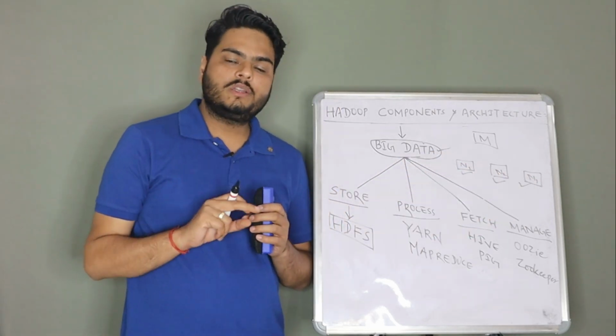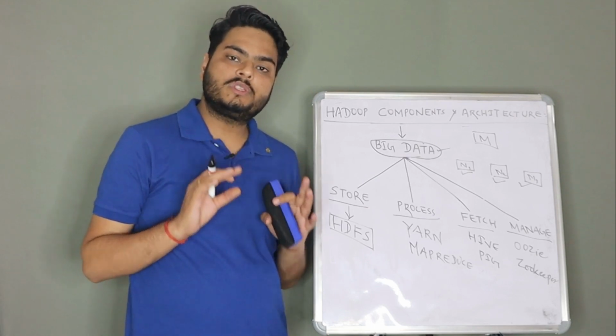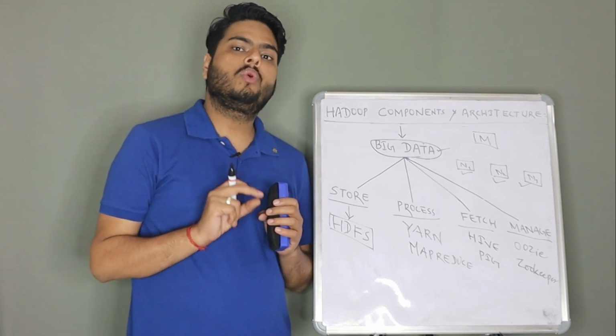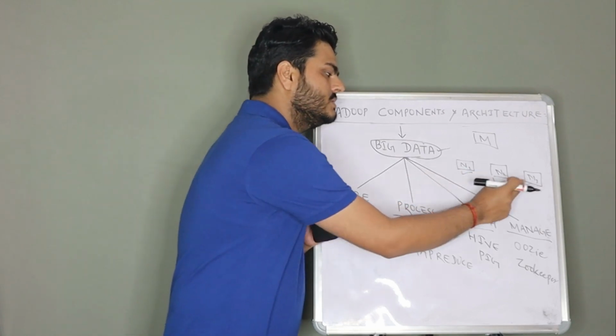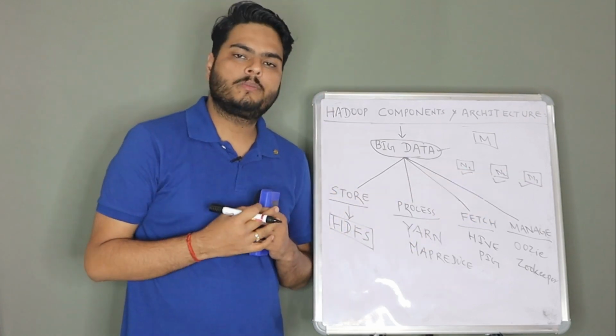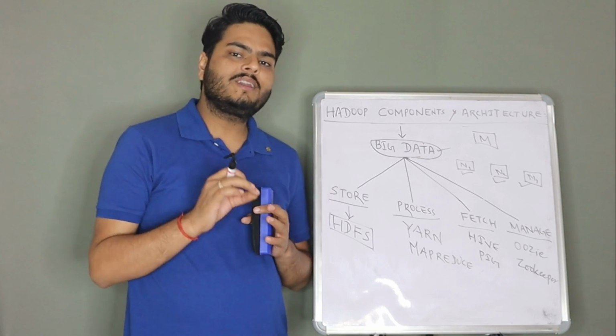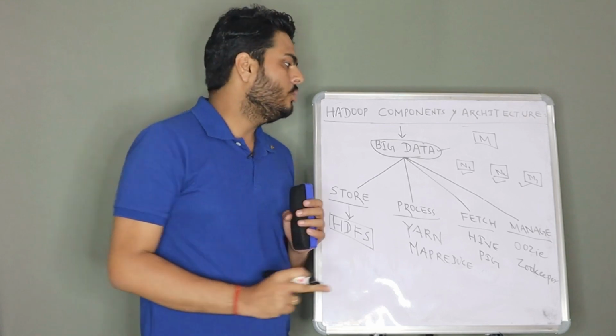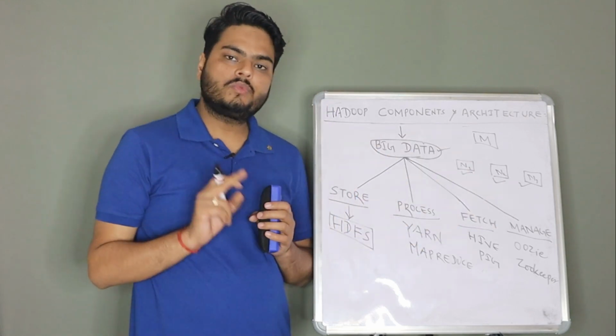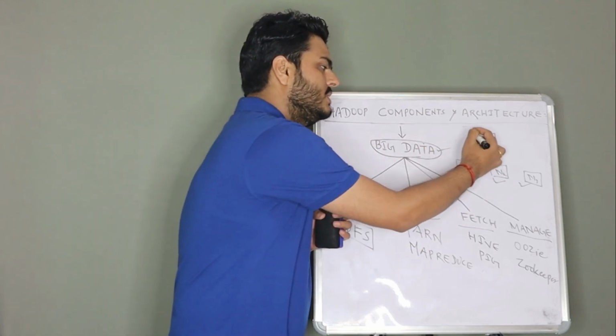But there has to be a central repository which knows what data is stored in which node. Here I am talking about just 3 nodes. Imagine there are 500 nodes. So there has to be a central address book, a central repository which knows what is stored where, and that is what this master node does.